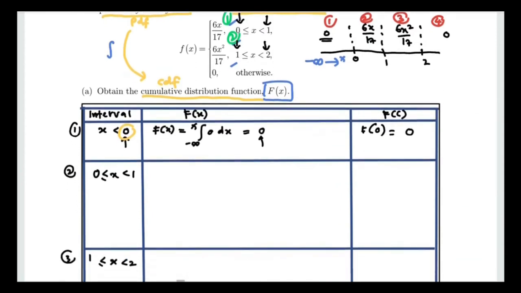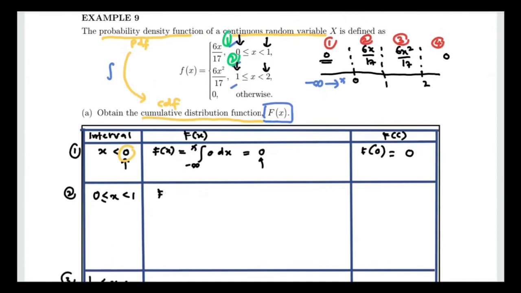Now we proceed with the second interval. The second interval starts from 0 until x. Since this is cumulative, it should accumulate from the beginning, so before we start from 0 until x, we start with F of 0. So F of x equals F of 0 plus the integral from 0 until x of the function 6t over 17 dt.